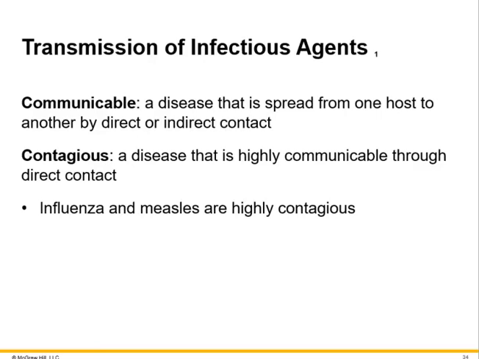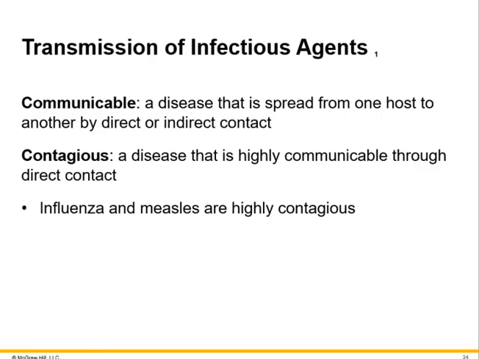So not all communicable diseases are spread by direct contact. So malaria is an example. If somebody has malaria, they're not contagious; you cannot get malaria from somebody who has malaria. You have to get malaria from being bitten by a mosquito. Okay, so contagious is different from communicable.